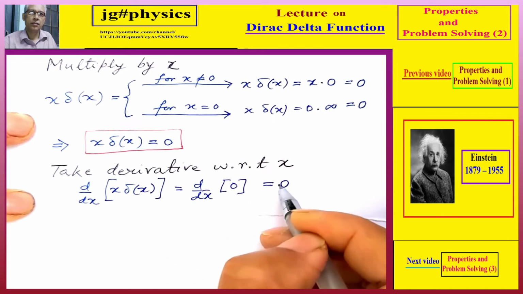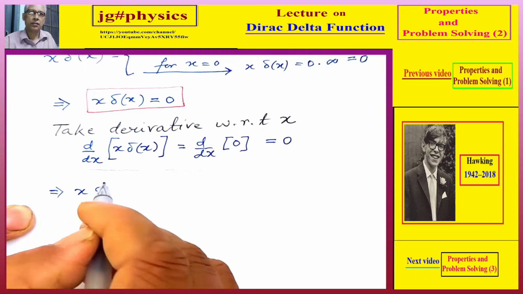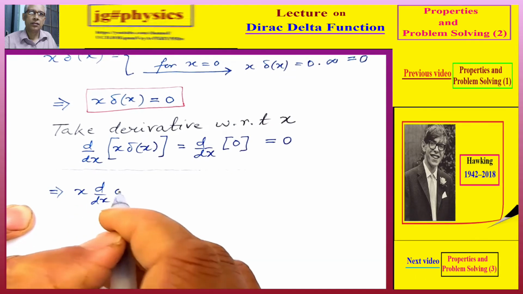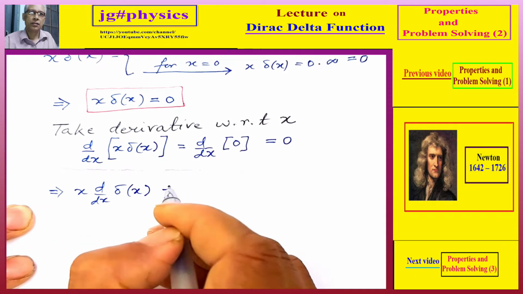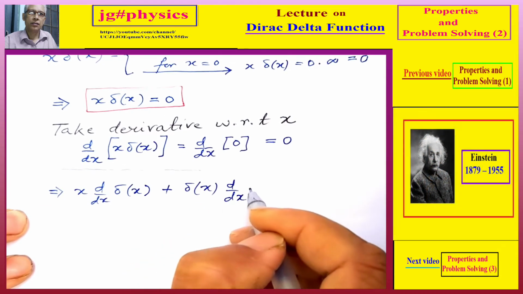So the left hand side is split up into two terms, the first term being x into d/dx of delta of x plus delta of x multiplied by d/dx of x equal to 0.